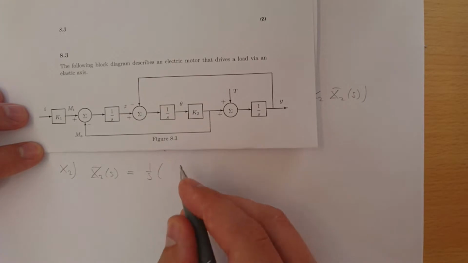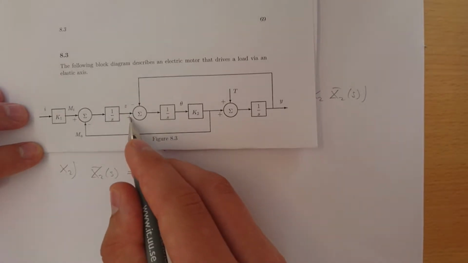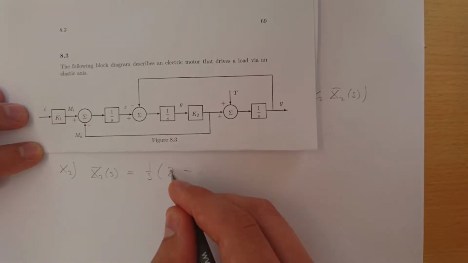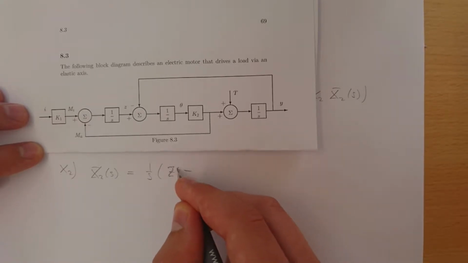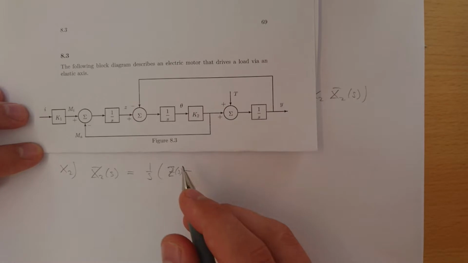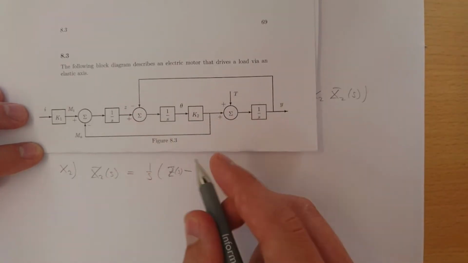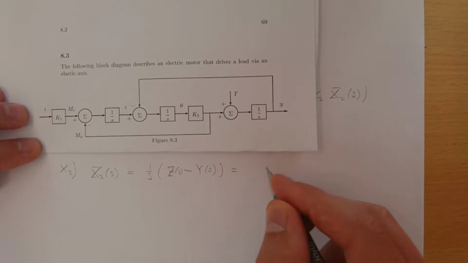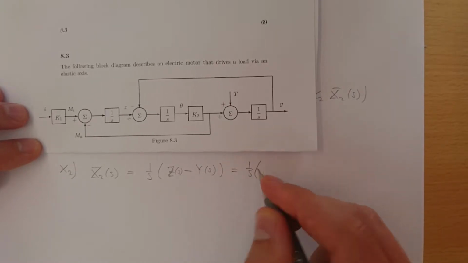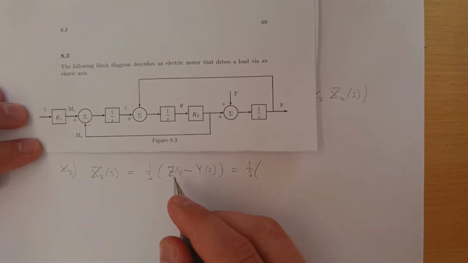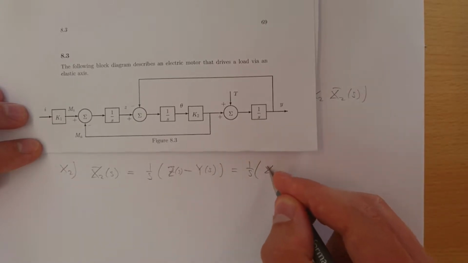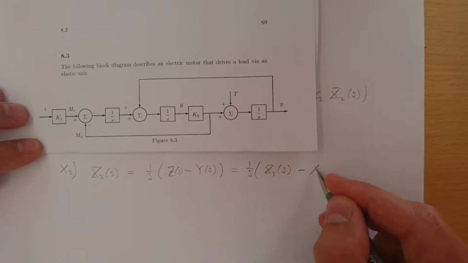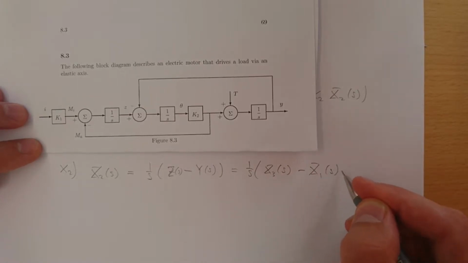So we had z, which is a positive one in this sum, and then minus the z of s, then minus y of s. And what is this? Well, z of s was our third state, so that's x3 of s, and y of s was our first state, x1 of s.